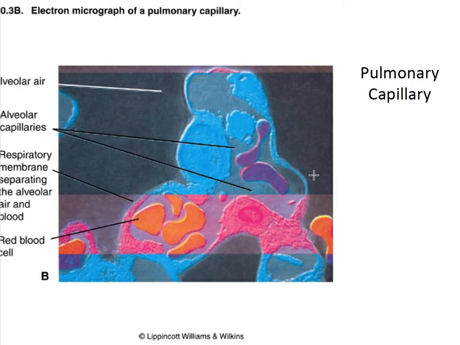I tried to find a picture online. This part of this picture is the respiratory membrane, so the lung alveoli thickness. And the lung alveoli are really, really thin. So the ability to diffuse out of the lungs and into this red blood cell in the bloodstream is faster, since the lung alveoli are thin.